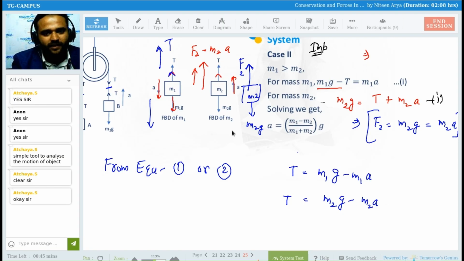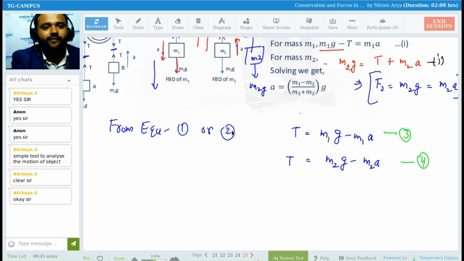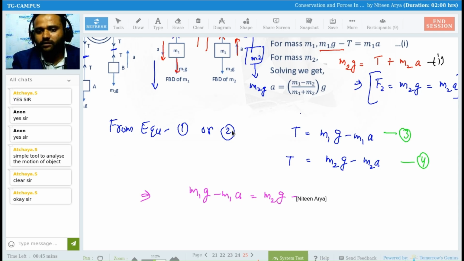Clear? Okay. If these are equal, now these are equations number 3 and 4, you can put it down. From equations 3 and 4, because on the left hand side we have tension on both sides, m1g minus m1a equals m2g minus m2a. Clear? Is this clear?